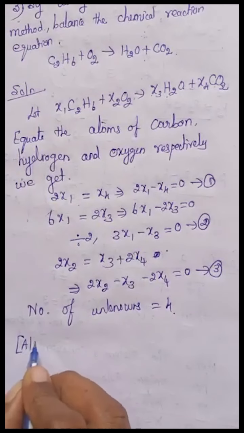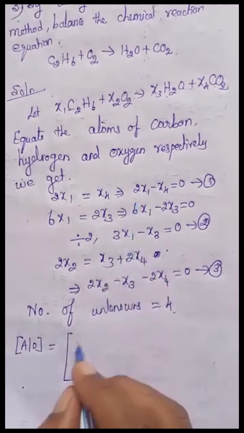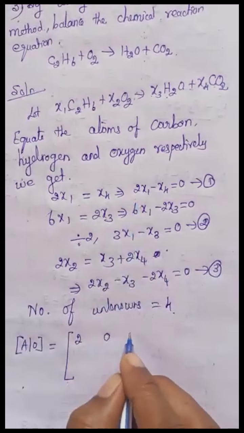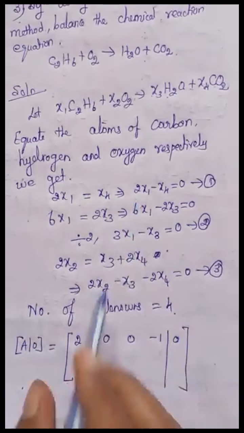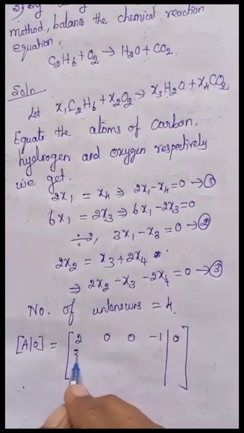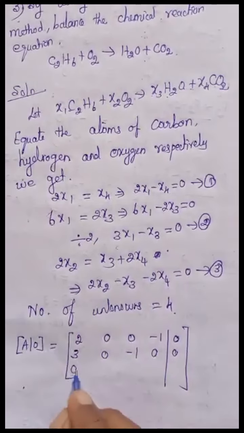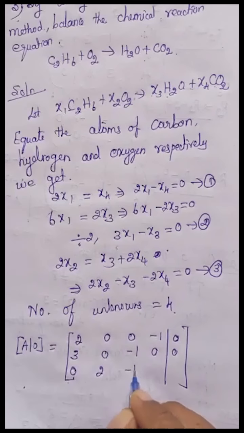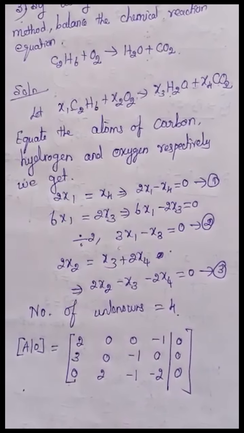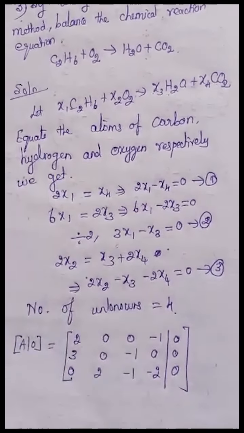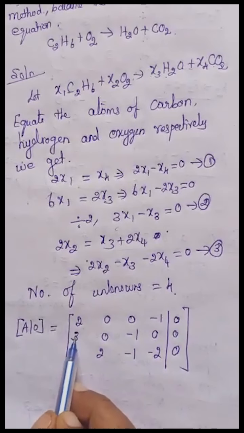So first we have to write the augmented matrix. That is 2, x2 is not there, x3 is not there, x4 minus 1, 0. Then the second equation 3, 0, minus 1, 0. Here x1 is not there, 2, minus 1, minus 2, 0. Is that clear? Anyway, first our work is to make this value as 0, isn't it?